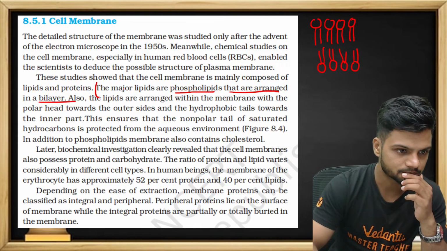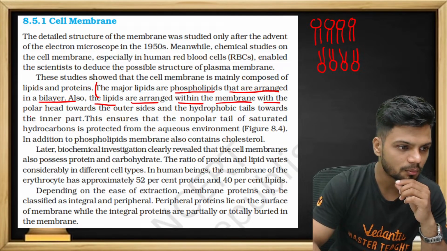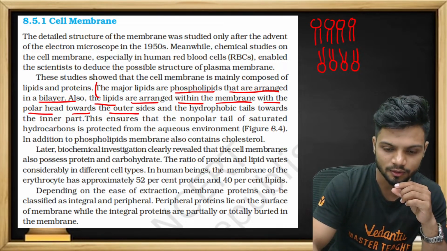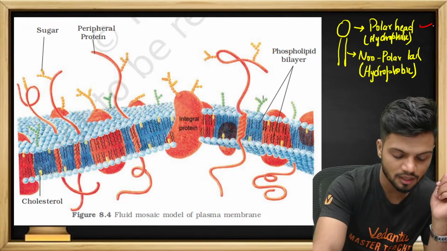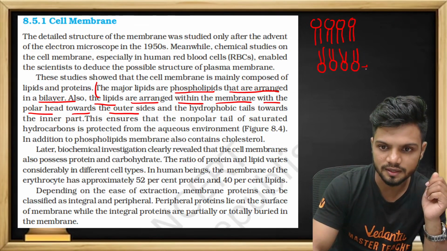Bilayer. Okay. Lipids are arranged within the membrane with a polar head towards the outside. Can you see? I told you. This is the polar head. Polar head towards the outside.